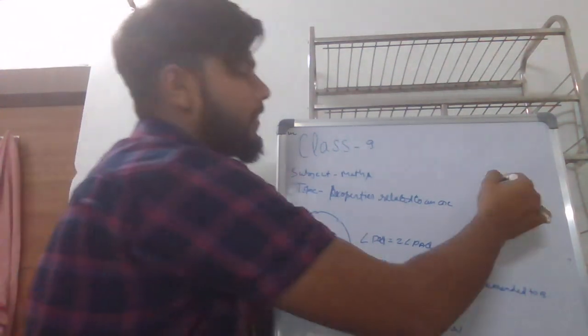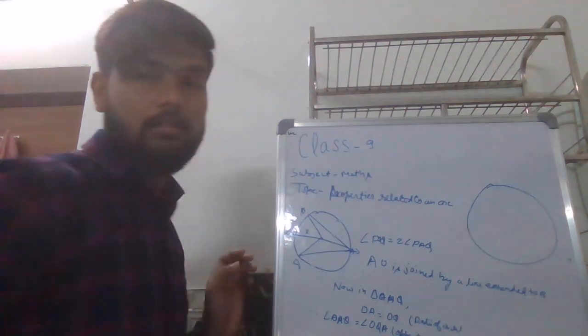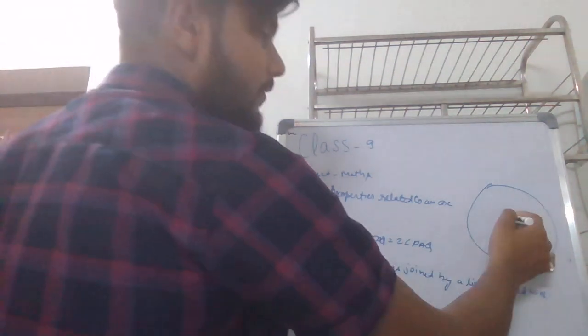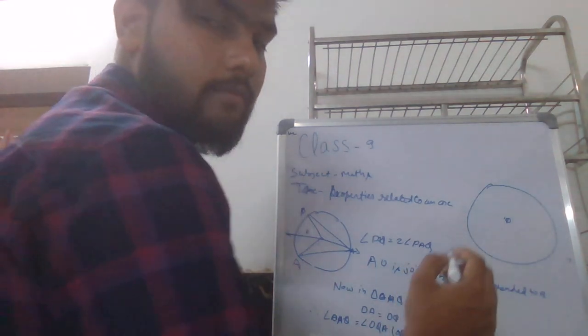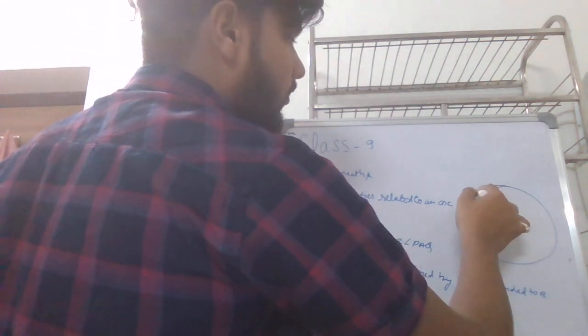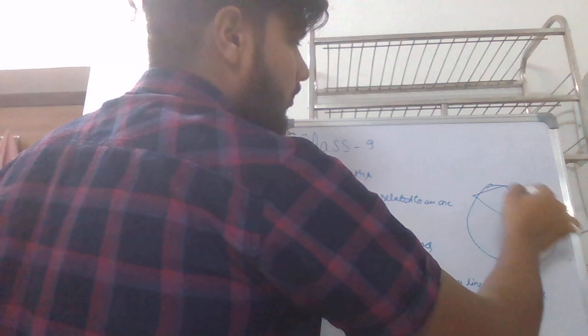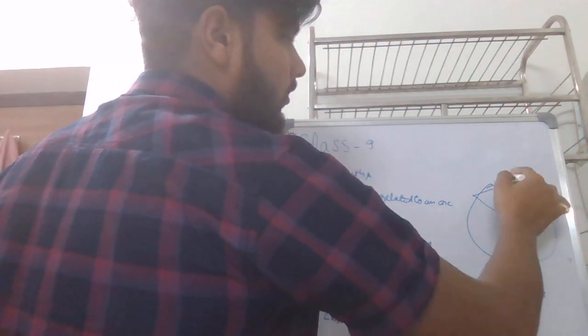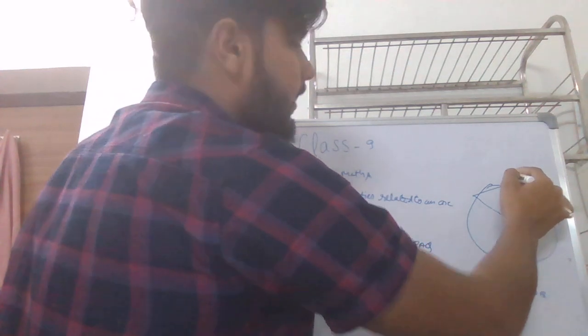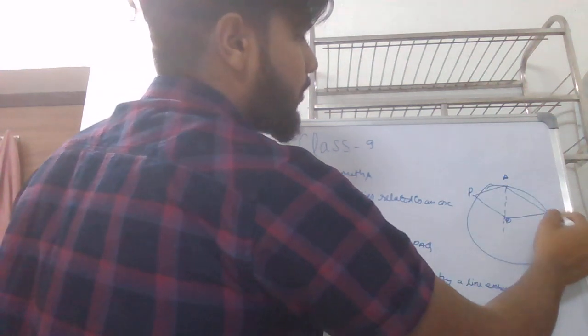So here I will draw that image. Here we will mark O. Okay, so after that we will draw this, and we will name it APQ.